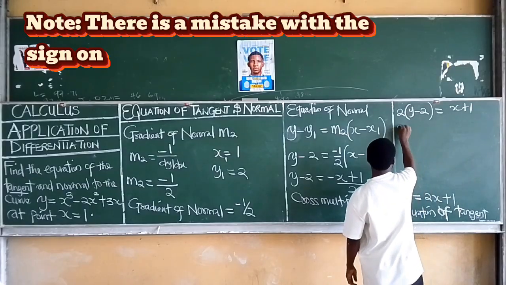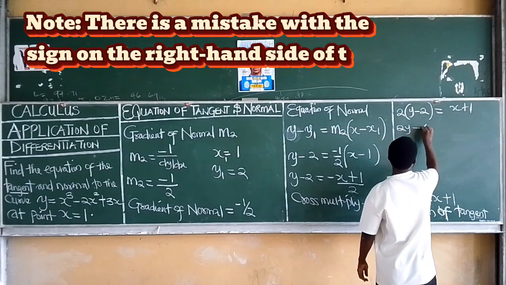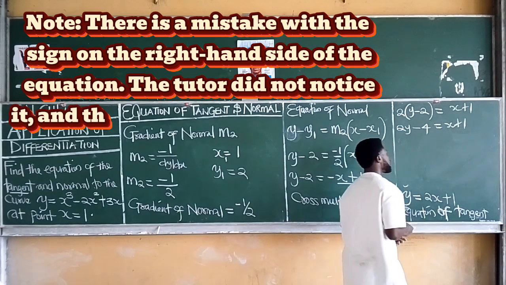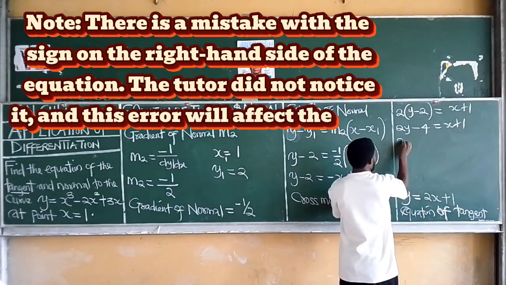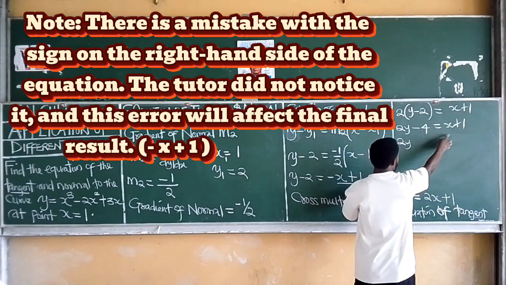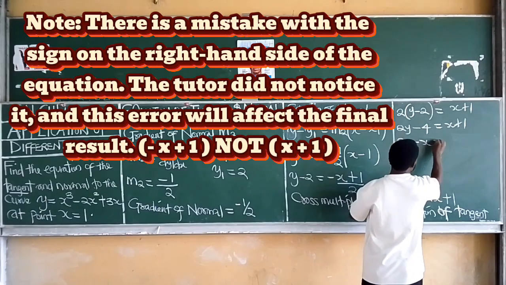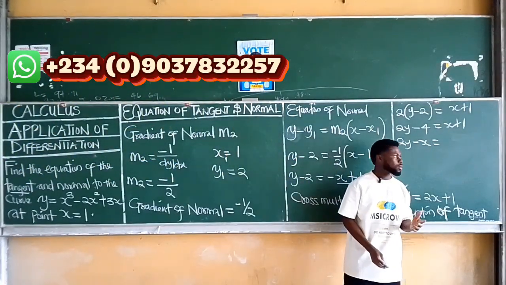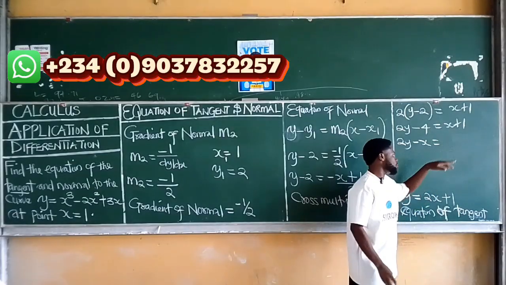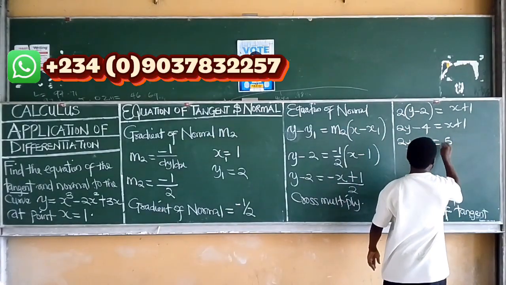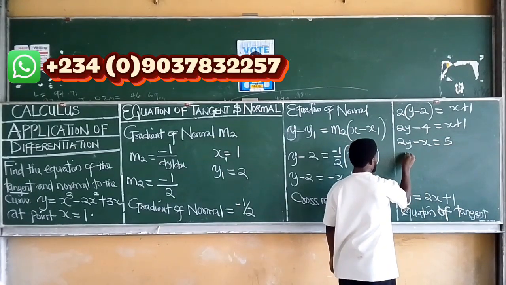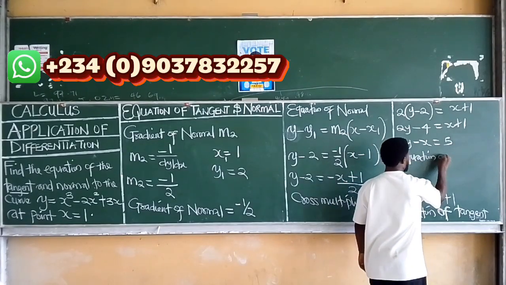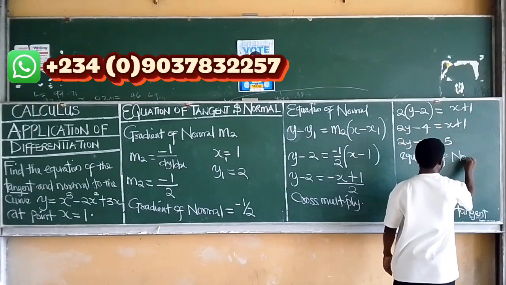And we have 2y minus 4 is equal to minus x plus 1. Collecting like terms, 2y, when x crosses over, plus x is equal to, when 4 crosses over, it becomes plus 4. Then 4 plus 1 gives 5. And this is the equation of the normal.